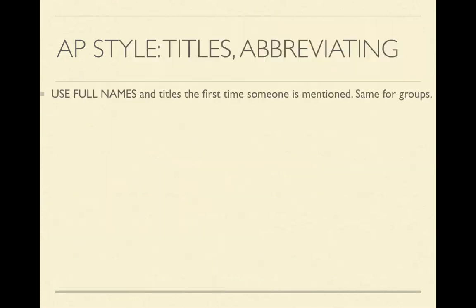Okay, you want to use full names and titles the first time someone is mentioned. Okay, and the same for groups. Then the second time you can go with the abbreviation or the acronym if it's commonly known. I'll give you a quick example for a nonprofit group that I used to work for, an investigative group. It's called the Center for Public Integrity, but we never really went by CPI. So on second reference, we would just say the center.